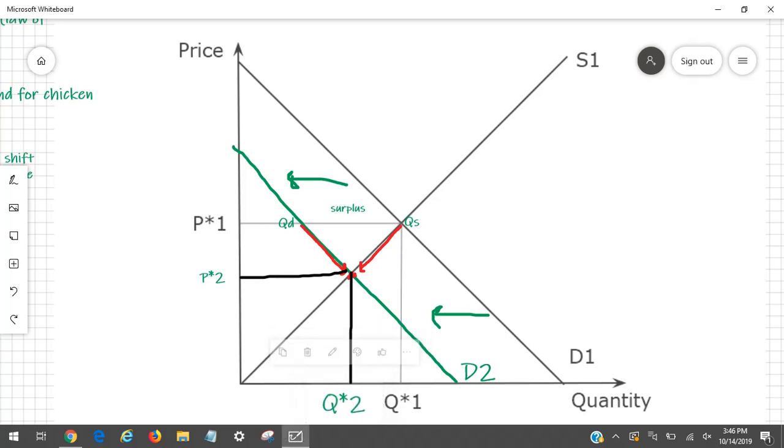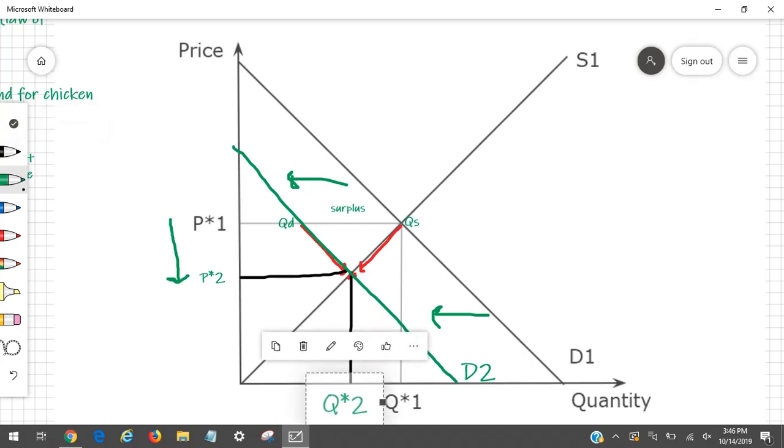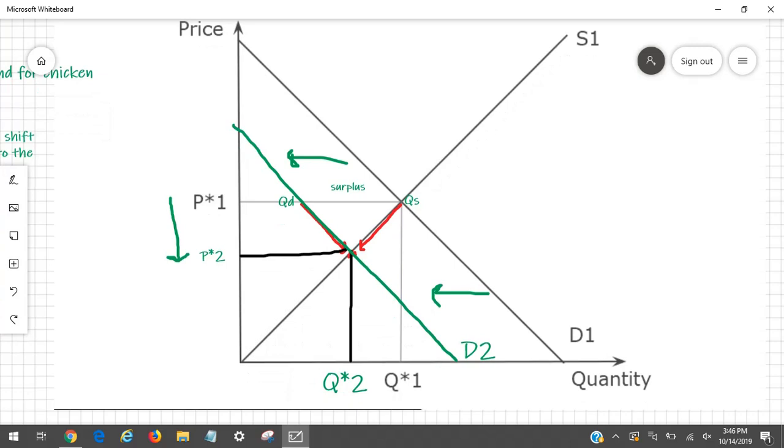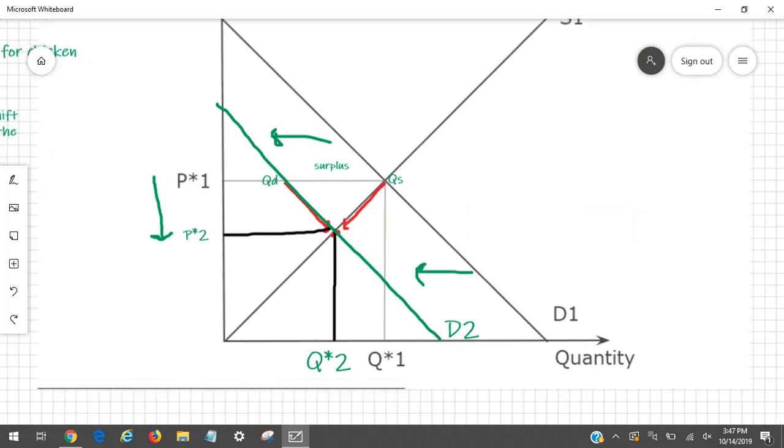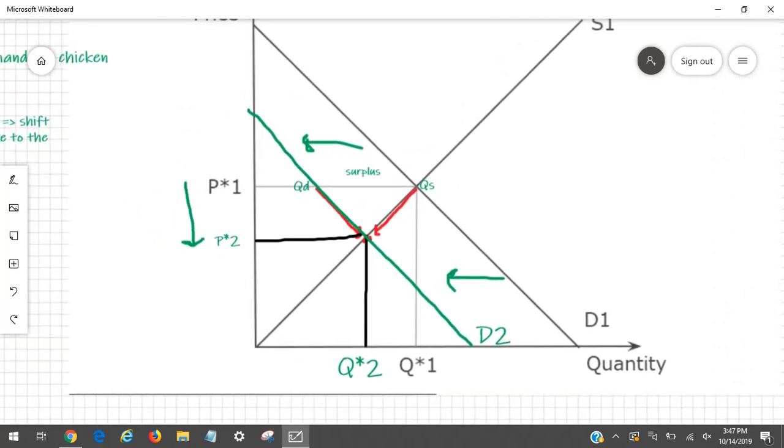Okay. All right, so we can see, looking at this change from P star 1 to P star 2, that the price of chicken as a result of this situation would be expected to fall from P star 1 down to P star 2. And then the quantity went from Q star 1 to Q star 2. So it also decreased.